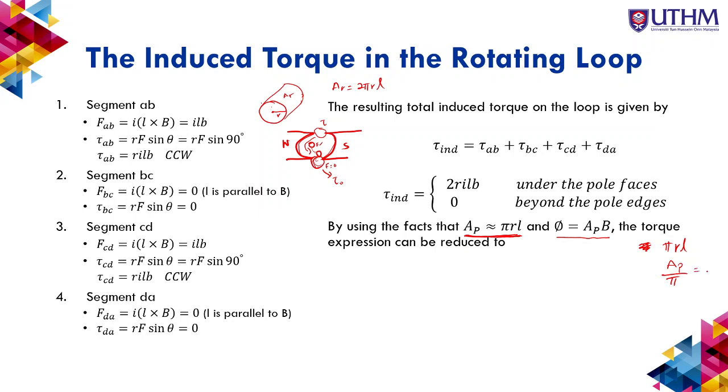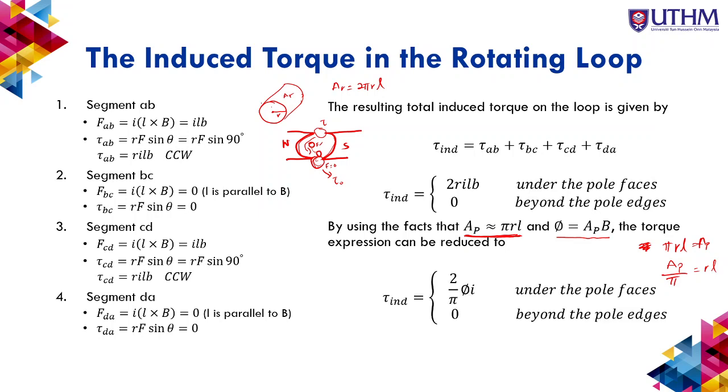So A over pi becomes R L. This is A pole. So we just replace the R and L. Then we can replace A, and then we have the B.